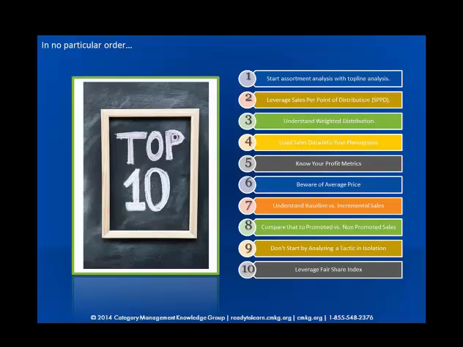This top 10 list came from our experience both in practically applying category management and the work in our careers, but also in working with the retailers and manufacturer clients that we have over a number of years in teaching all of these topics and really seeing the ones that have the most impact in terms of being able to transform the way a business is strategically reviewed and managed and the results that we see coming out at the end.